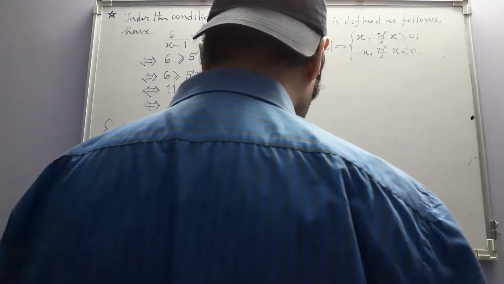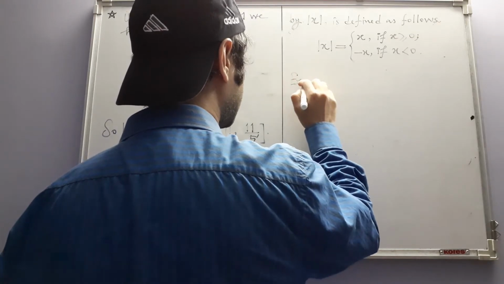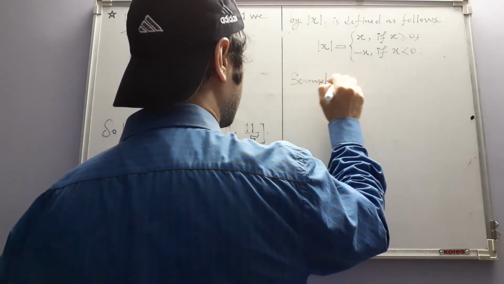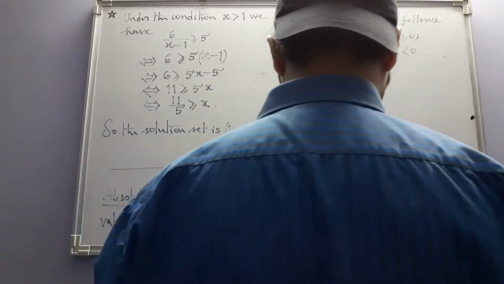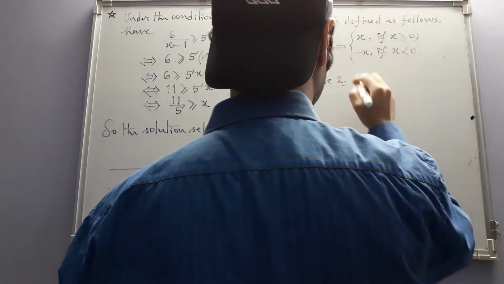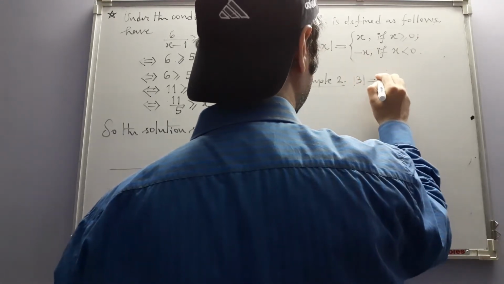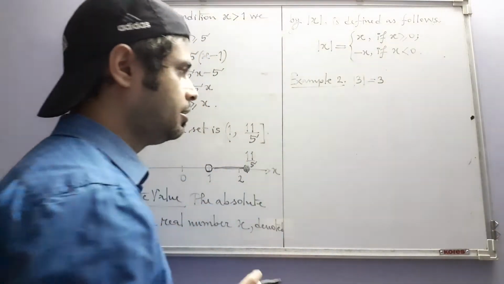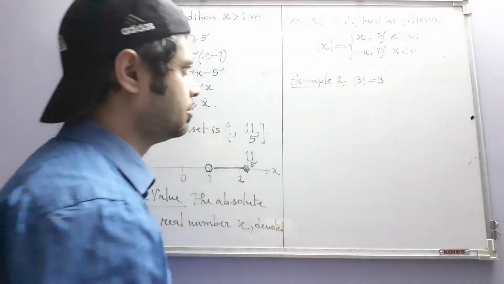For example, this is given as example 2. Absolute value of 3 is equal to 3 because we know that 3 is a positive real number, so the absolute value by definition is 3 itself.